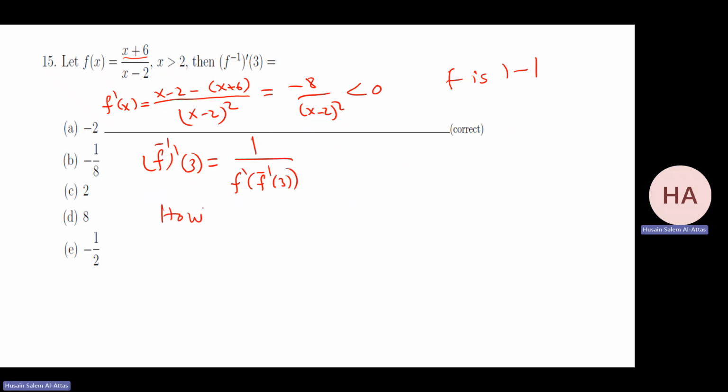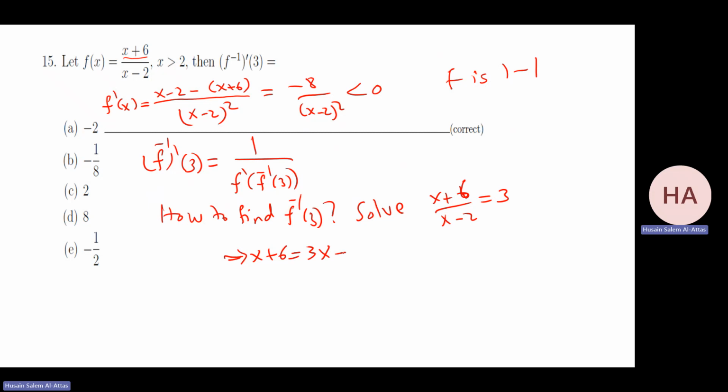How to find f inverse at 3? We solve this. (x plus 6) over (x minus 2) equals 3. So we have x plus 6 equals 3x minus 6. So I have 2x equals 12, so x equals 6.